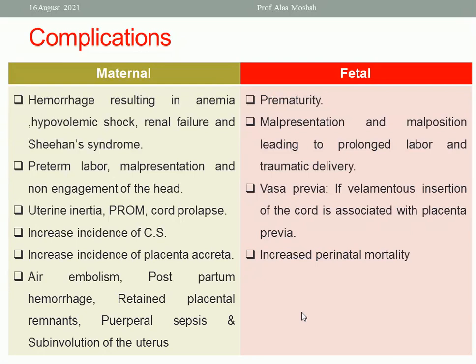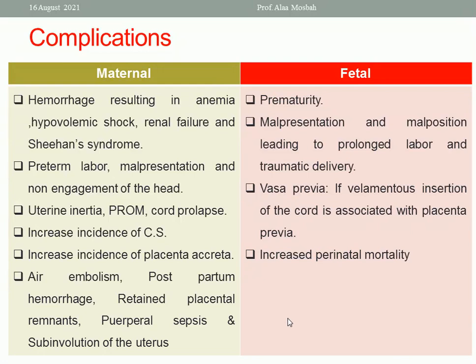Also preterm labor, malpresentation, non-engagement of the head, uterine inertia, cord prolapse, and premature rupture of membranes, increased incidence of cesarean section, increased incidence of placenta accreta, air embolism, postpartum hemorrhage, retained placental remnants, puerperal sepsis, and subinvolution of the uterus.